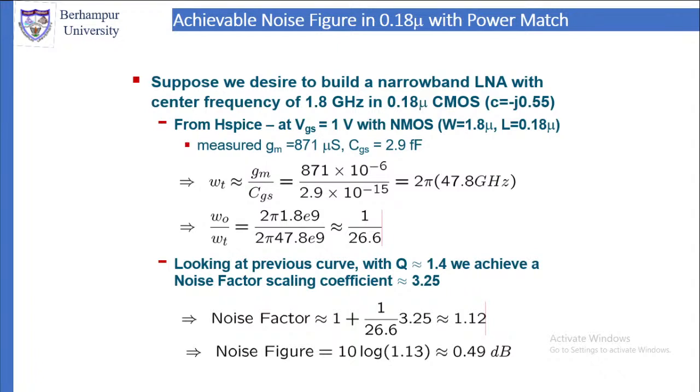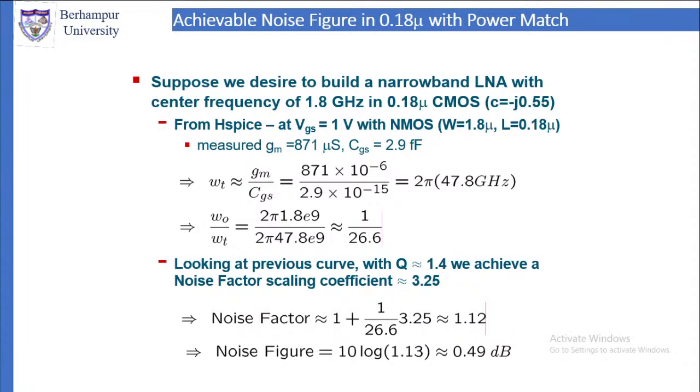Then what is the achievable noise figure? In a 0.18 micron CMOS, when it is power matched, what is the achievable noise factor? This device usually operates between 1.8 and 2.4 gigahertz.